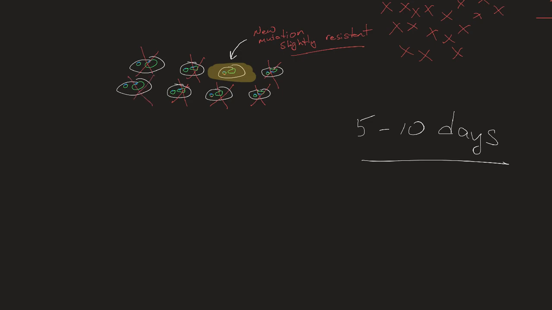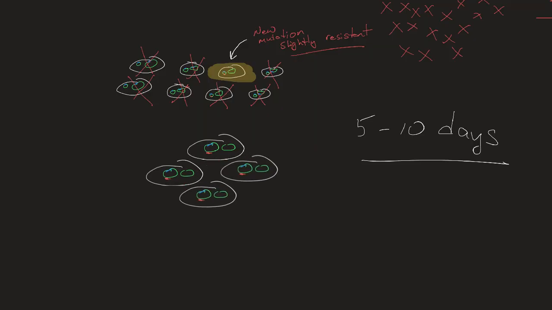All the rest of the bacteria are dead, but this one cell with that resistant gene is able to do binary fission and make copies of itself. And you get sick again days later, except now all the bacteria in that population have that resistant gene. So that antibiotic no longer works.